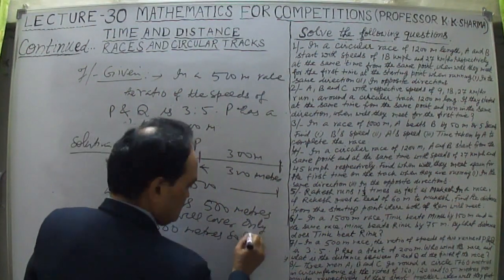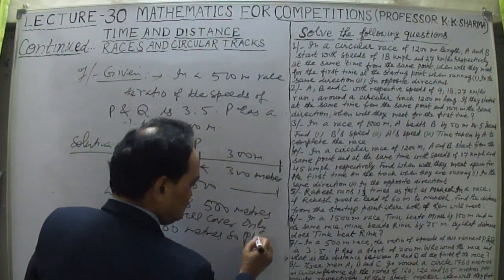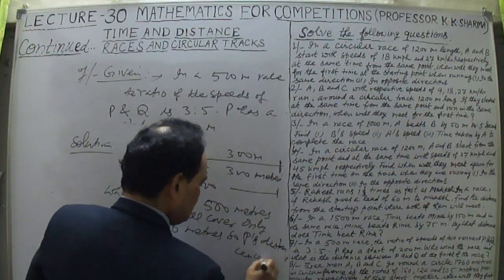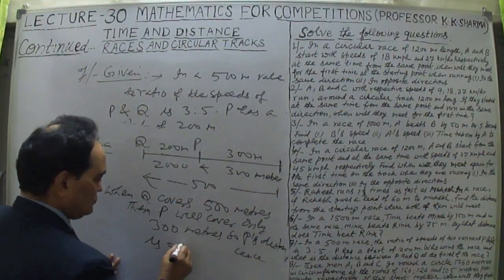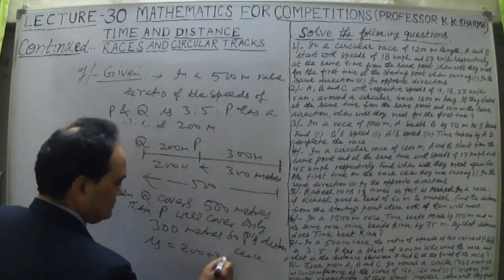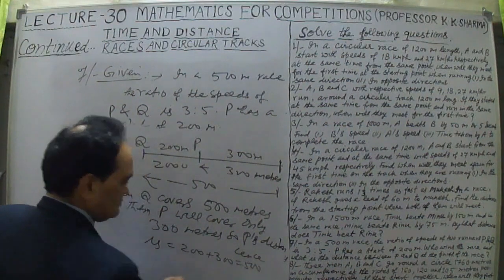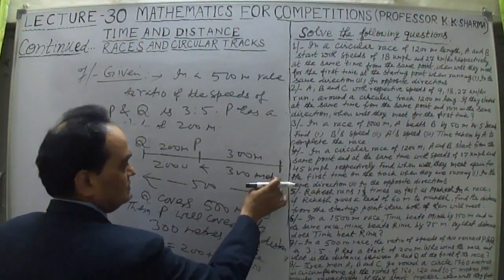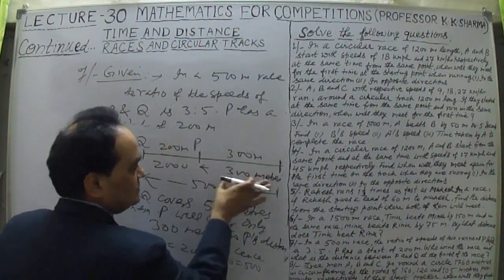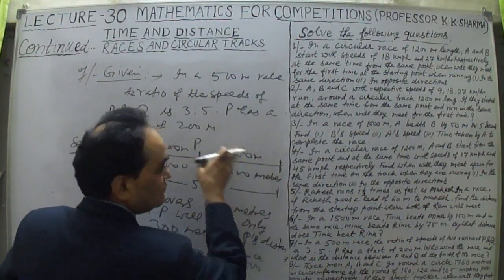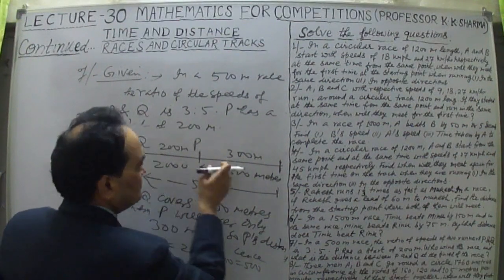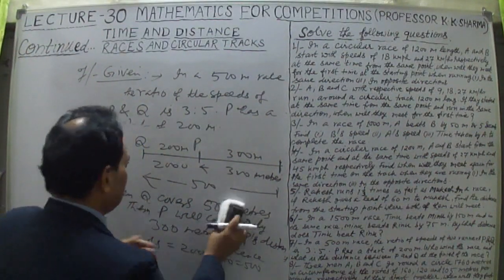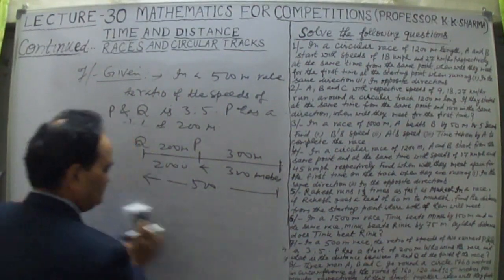So P's distance is equal to 200 plus 300 equal to 500. So both are meeting at the same point after 500 meter distance. So P is 300 meters from his starting point, but Q is at 500 meter distance. So both are meeting at 500 distance, right? This is the answer here.